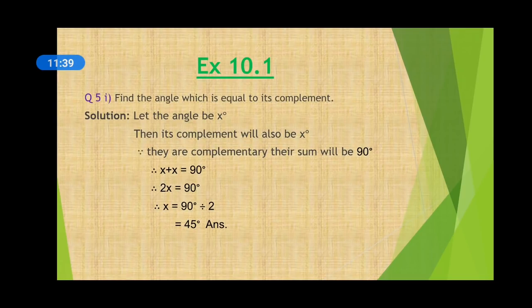It would be 90 degree. So x plus x equal to 90 degree, so 2x equal to 90 degree, and hence x equal to 90 divided by 2, that is 45 degree. So the angle and its complement, both are 45 degree each.